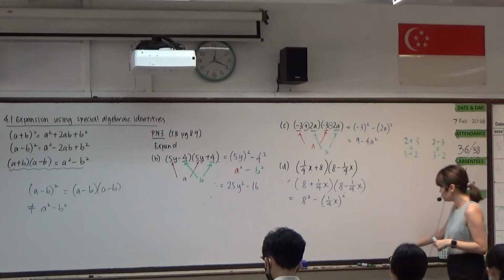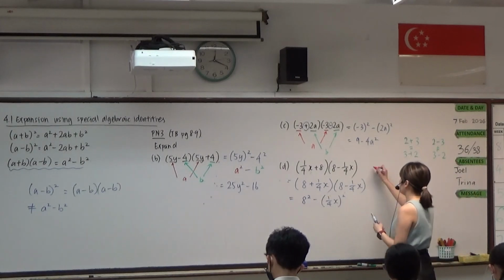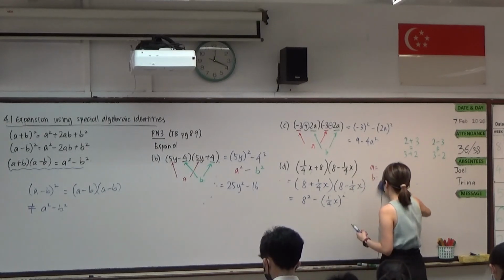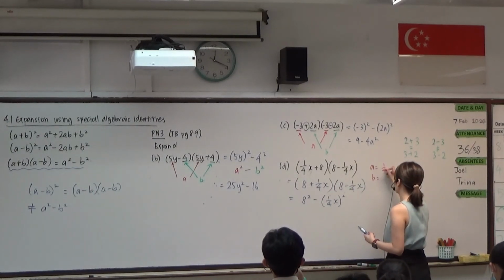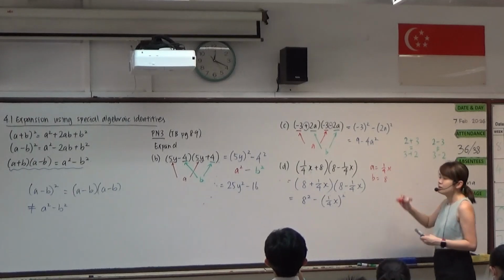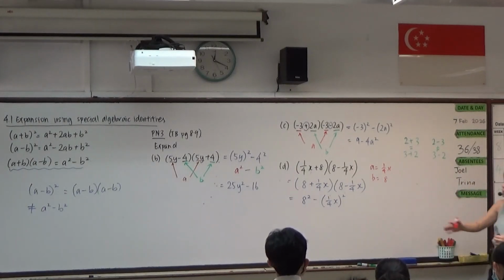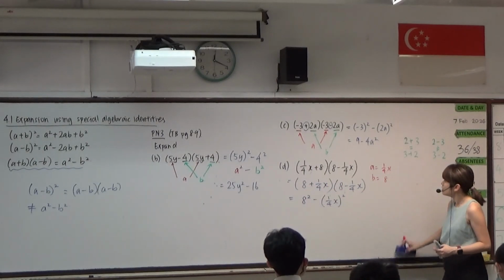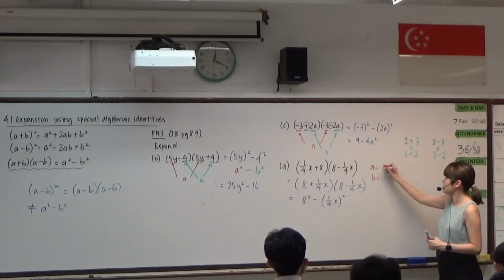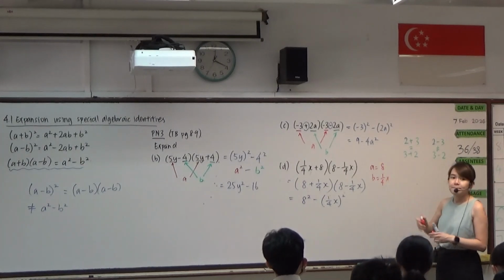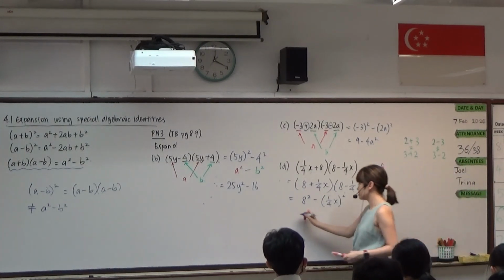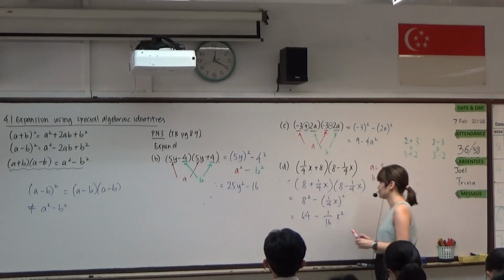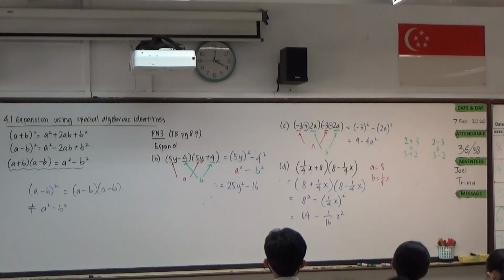Just now, Elise said that A is 1/4 x and B is 8. That's not true, because what we see over here is that my A is 8, my B is 1/4 x. So the correct one should be this way. And then we will get 64 minus away 1/16 x squared.